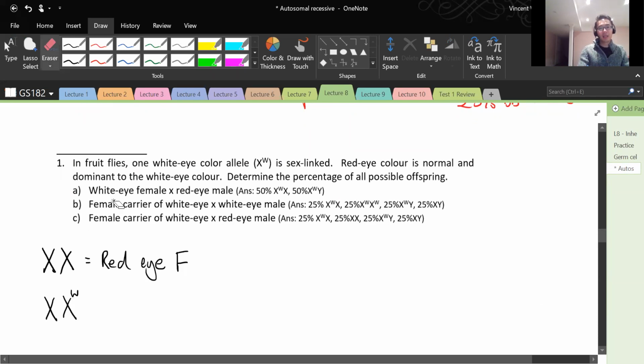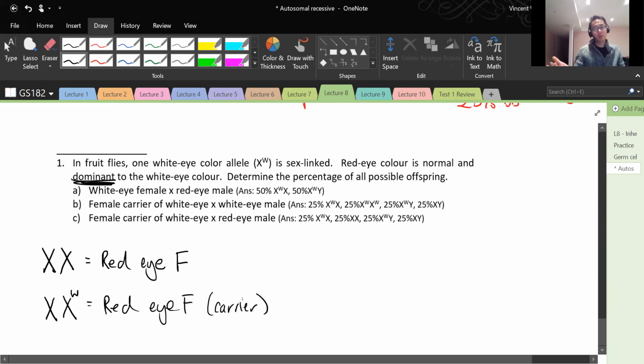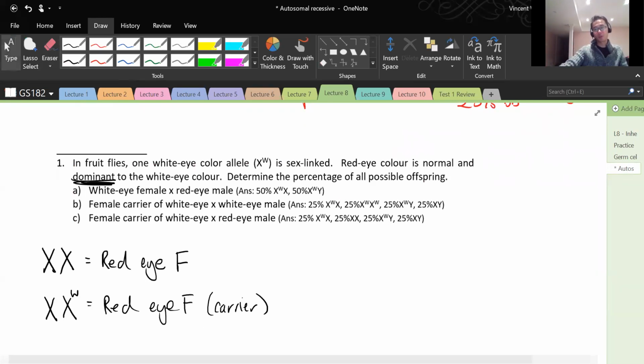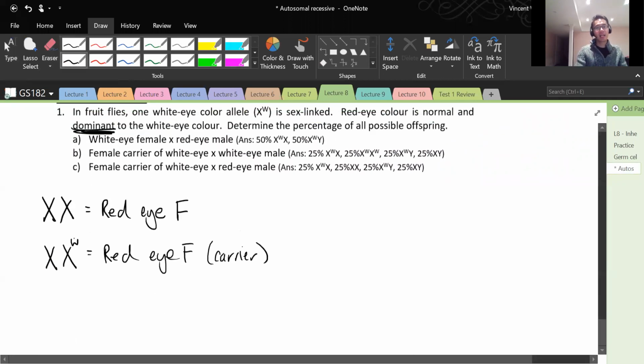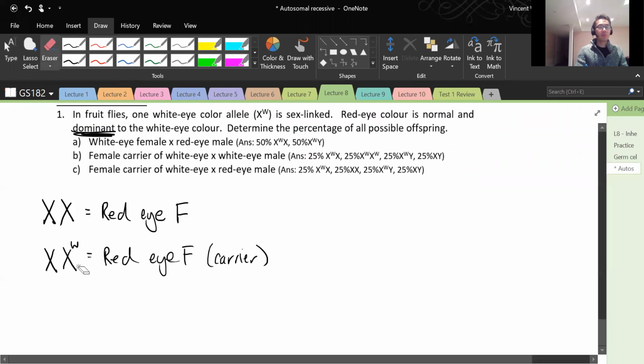But because the normal red eye is dominant to the white eye, the normal X will cover up the white eye allele here. So this is still a red eye female, but we call her a carrier. A carrier is someone who carries a certain trait but does not express it. Okay, so even though this fly has the white eye allele, it doesn't have the white eye. The red allele covers it up.